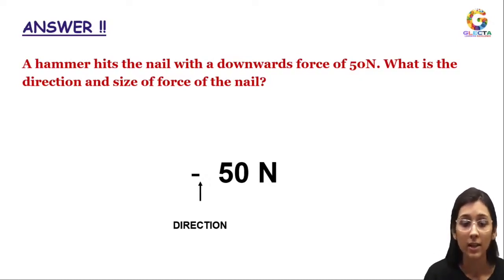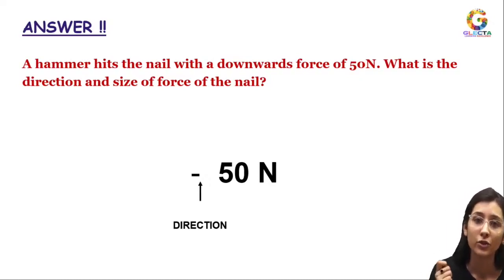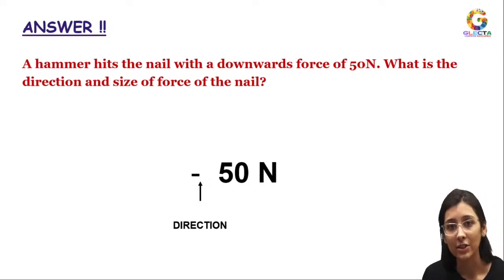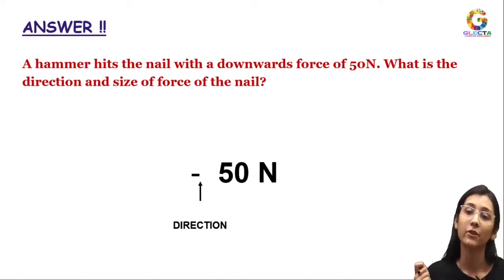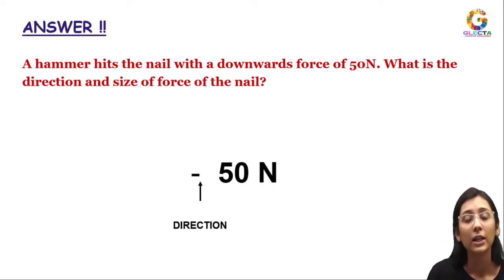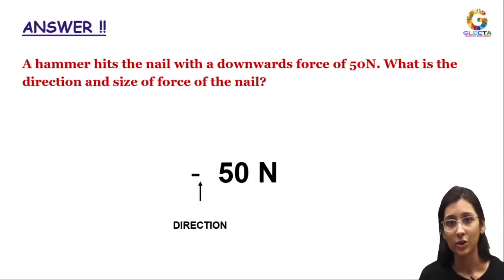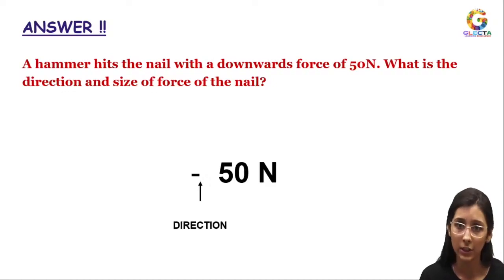Why 50 Newton? Because as much force as you apply on an object, the object gives you that much force in the back direction. So if a hammer is applying 50 Newton force on the nail, the nail will apply the same force in the opposite direction. That is why it's minus 50 Newton. 50 represents the size, the amount of force, and the negative sign represents direction.